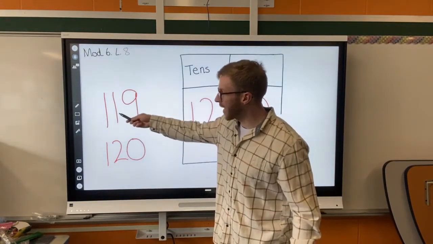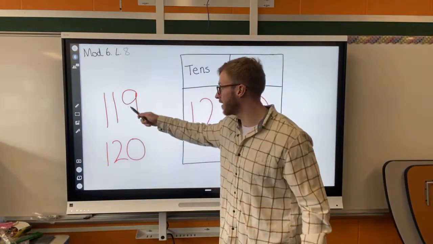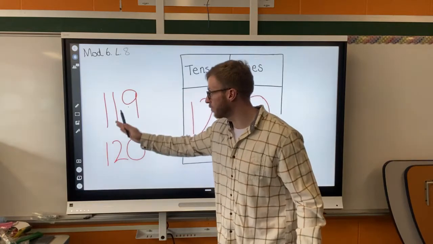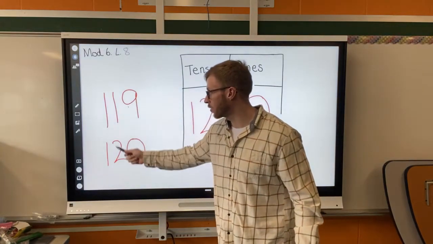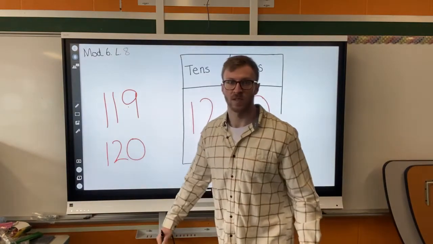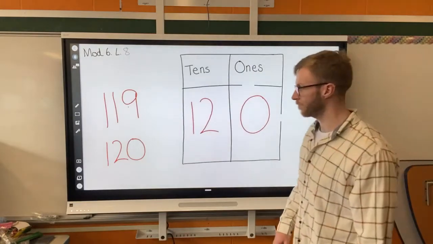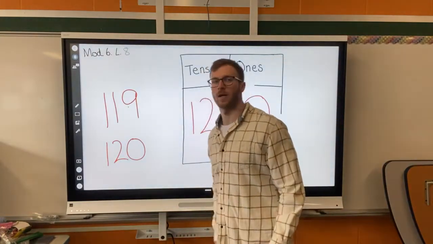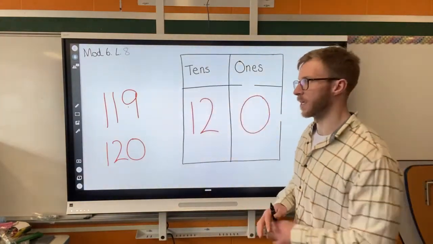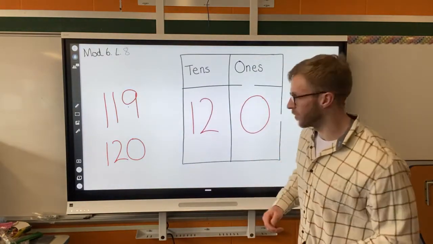Actually, what we did was we only added 1, but that made the 9 another group of 10, so we moved that group of 10 over to go from 1 group to 2 groups of 10, and then we have 0 ones. Or 12 groups of 10, sorry. 12 groups of 10, because 10 goes to the 100, 2 goes to the 20. Add them together, we have 120.